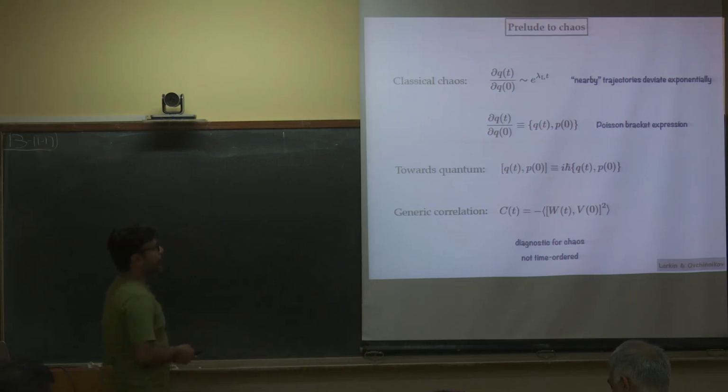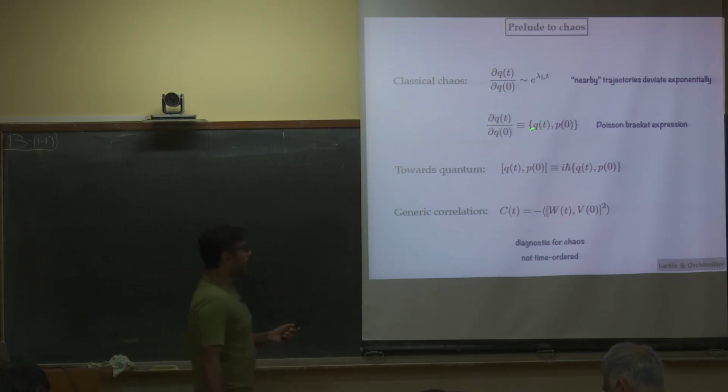So if you want to take this classical statement and promote it to something quantum mechanical, you can immediately interpret this derivative as a Poisson bracket, and once you know the Poisson bracket, then essentially you go from there to the commutator.